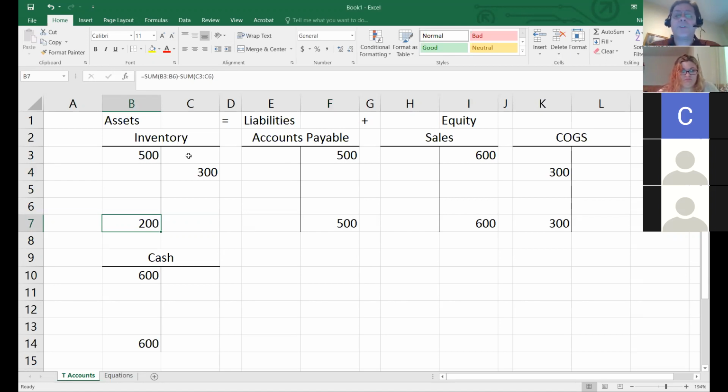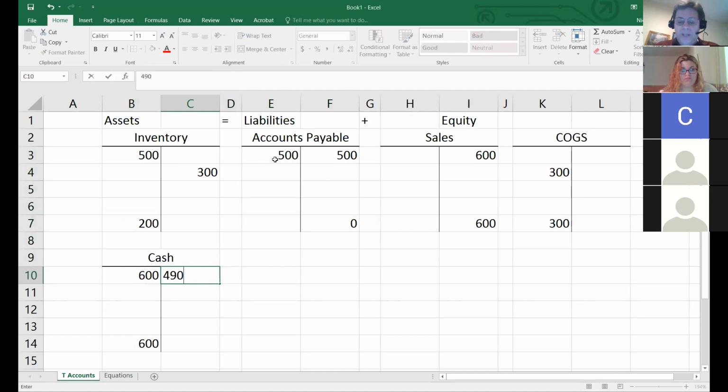Say we get a 2% discount if we pay early. So instead of paying $500 on this bill, we pay $490. That's 2% less. Okay. Now we got a problem, because here our credit is $490.